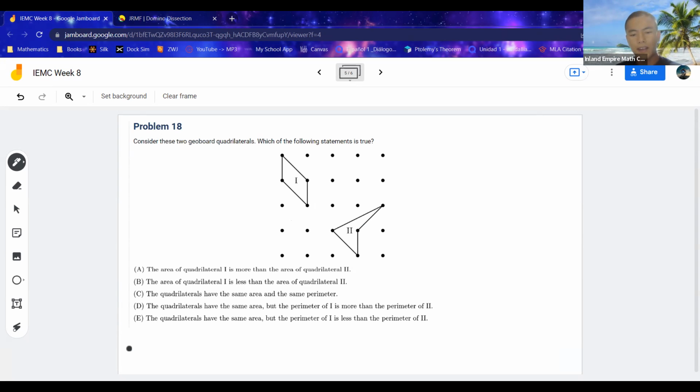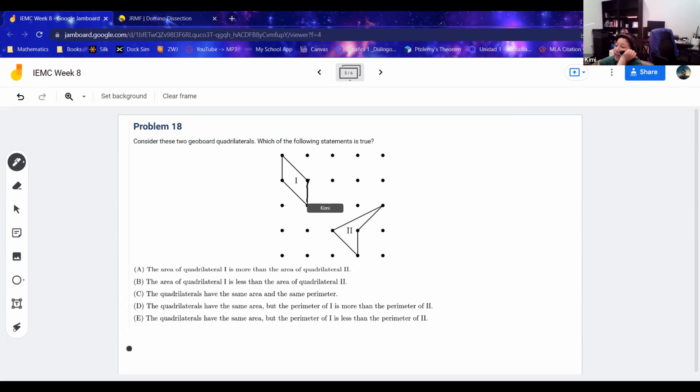Well, we can't really know if any of these statements are true unless we know their areas and perimeters, right? So why don't we just go ahead and find the areas and perimeters? Oh wait, we can look at this side right here, the tiny side. It's about the size of this line.